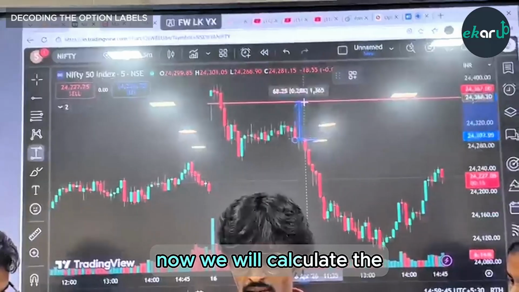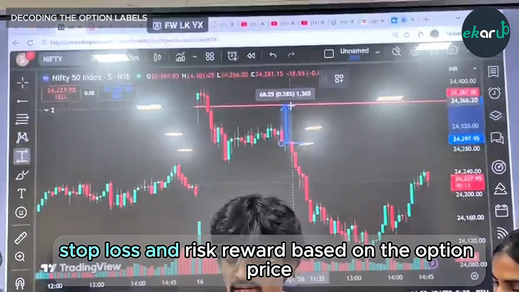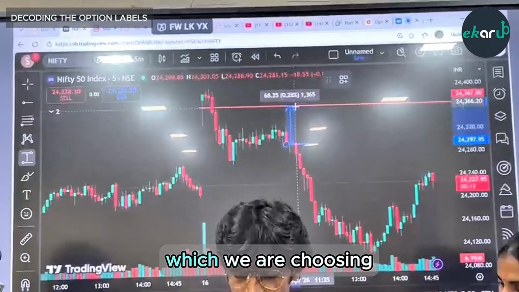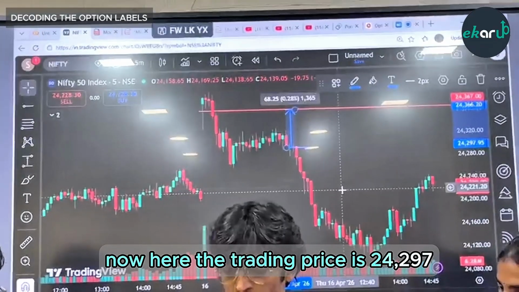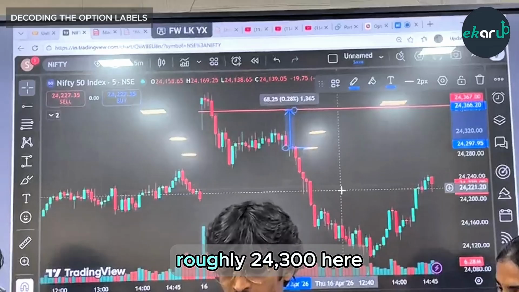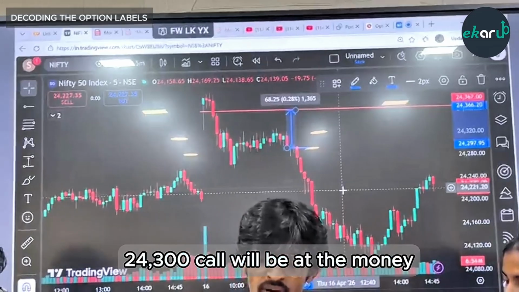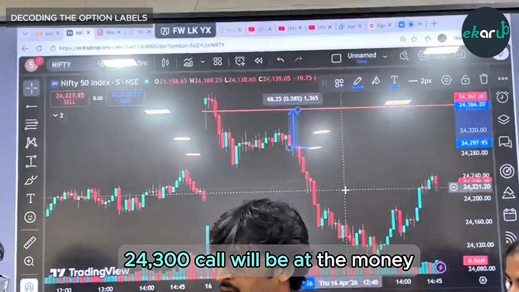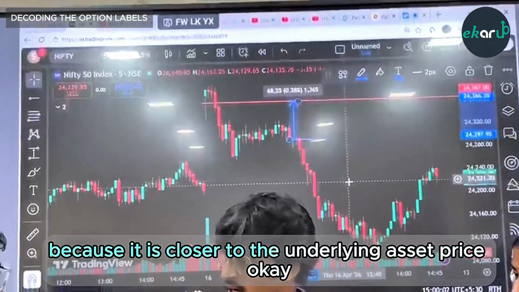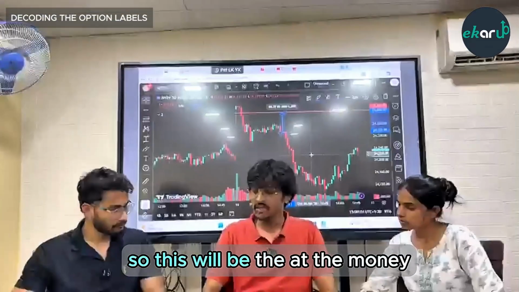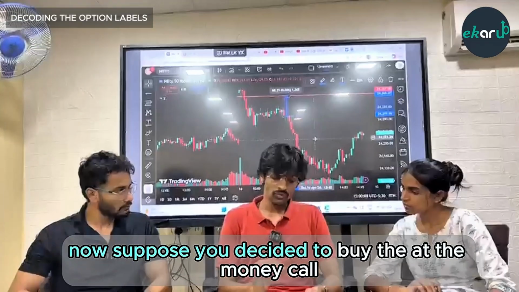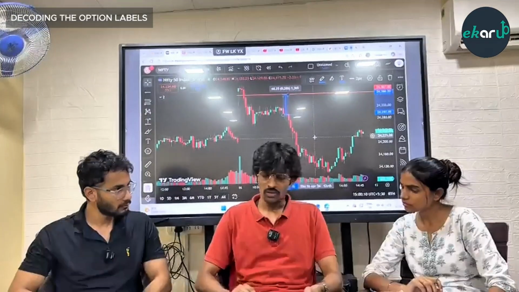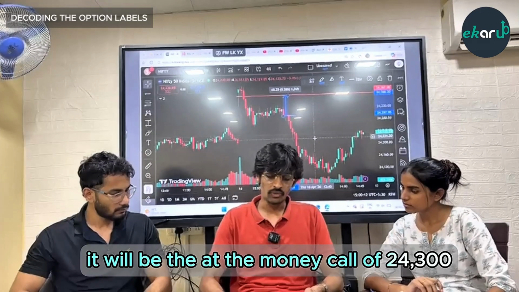Now we will calculate the stop loss and risk reward based on the option price which we are choosing. Here the trading price is 24,297, roughly 24,300. Here the 24,300 call will be at the money because it is closer to the underlying asset price. Now suppose you decided to buy the at the money call, with a strike price of 24,300.